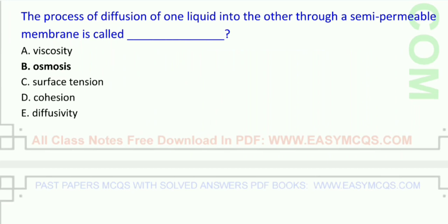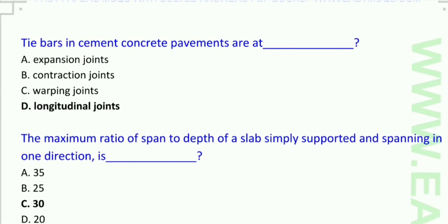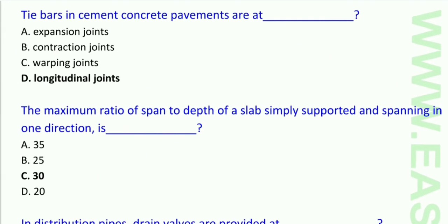The process of diffusion of one liquid into the other through a semi-permeable membrane is called osmosis. B is right. Next, tie bars in cement concrete pavement are at longitudinal joint.